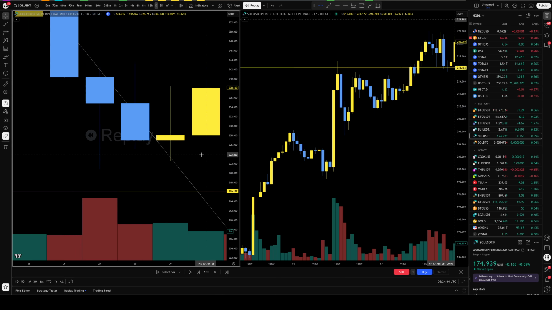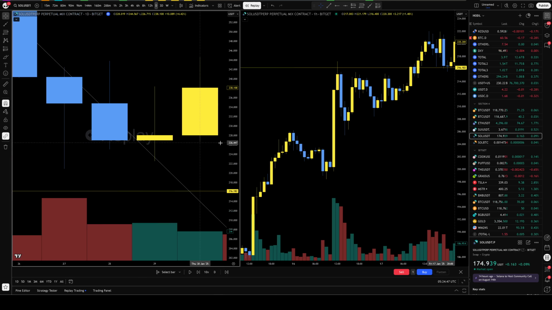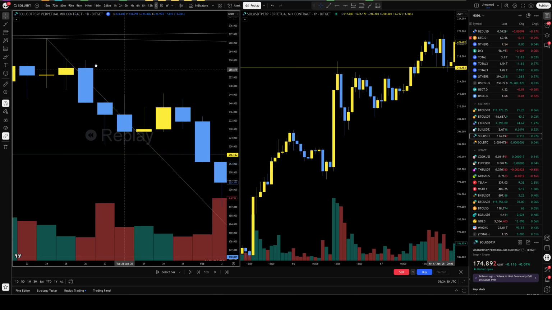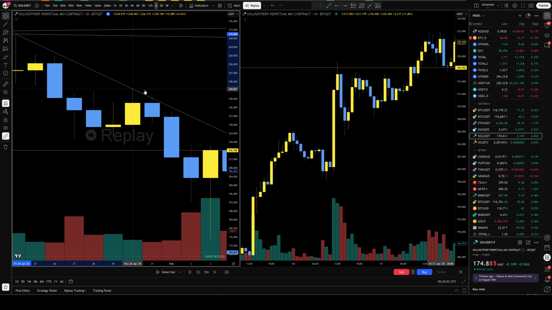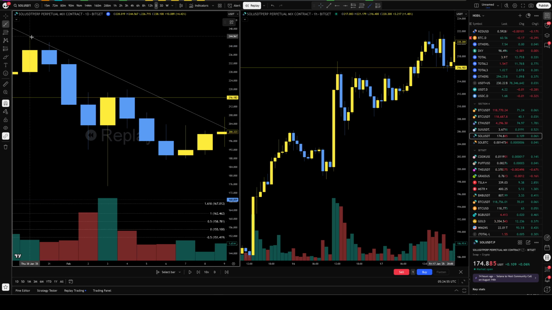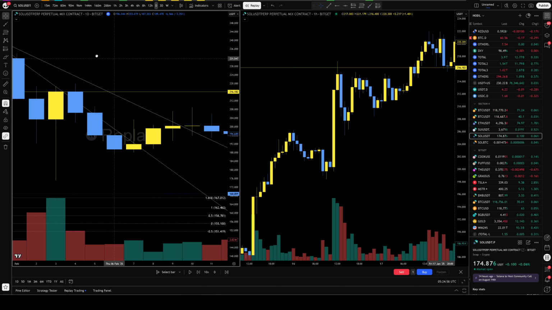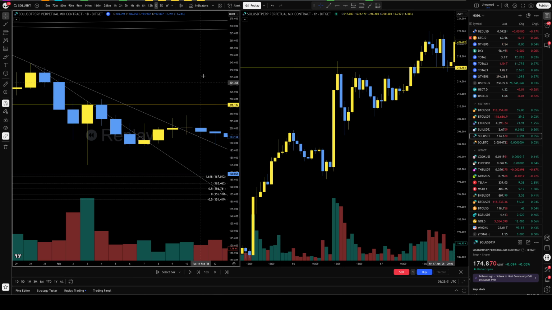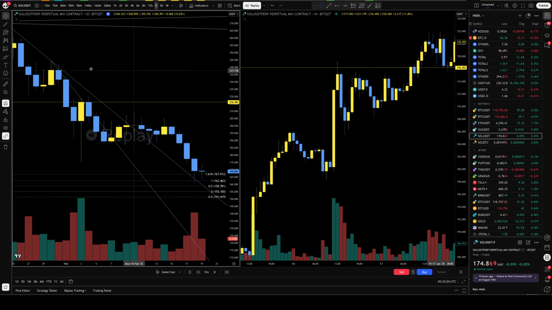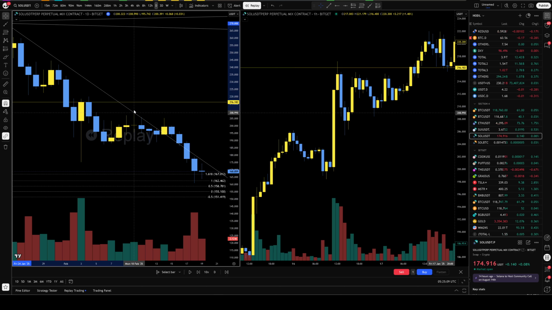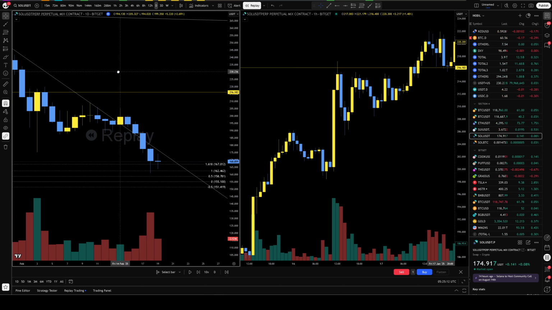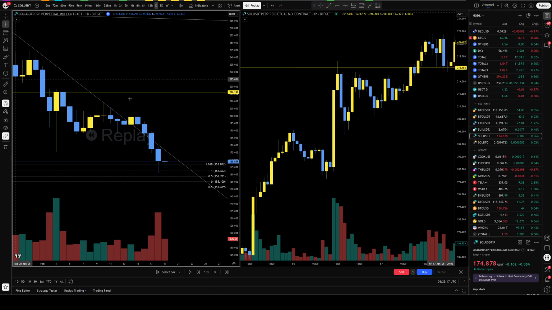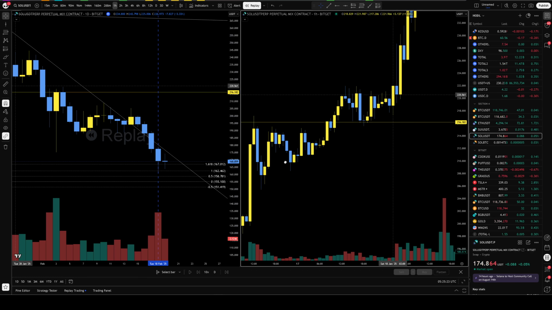It's touching. This moves to there, and then we get an interior there. Actually, we don't really need to worry about that one because it ends up moving anyway. Okay, so the most you could actually safely take on that is back to trend. So there's our entry.